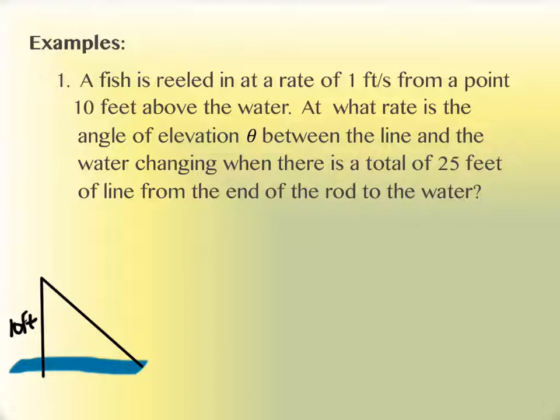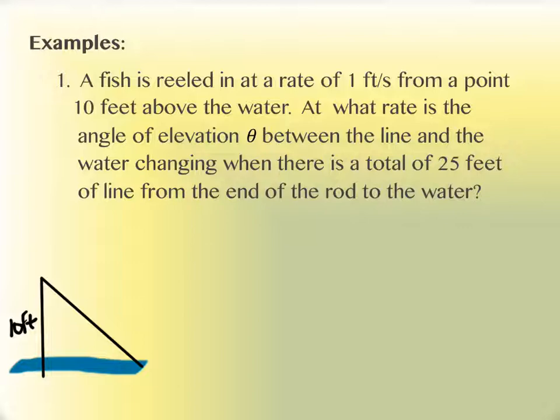One thing you have to be aware of when you are doing related rates problems is things that change and things that don't. In this problem, that 10 feet doesn't change. I'm not on a descending dock. The boat is not sinking, however you're describing this. The fishing line is always 10 feet above water in terms of the vertical distance.